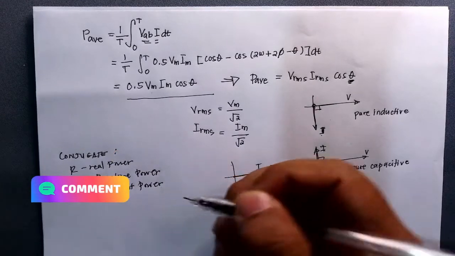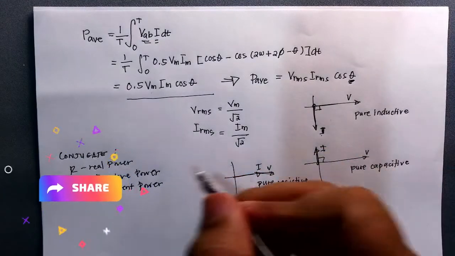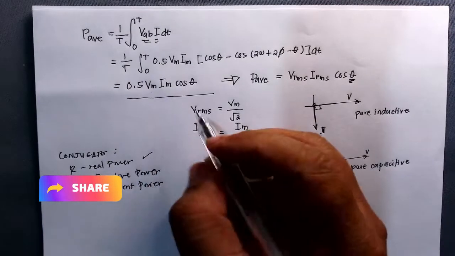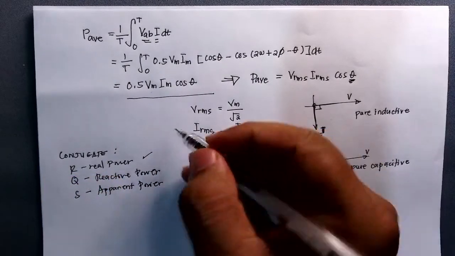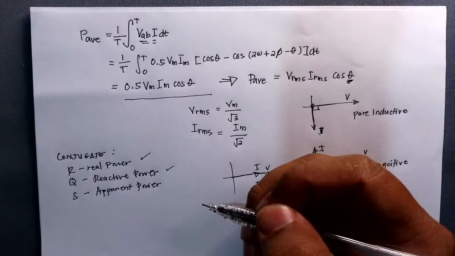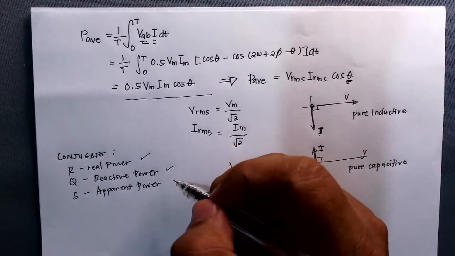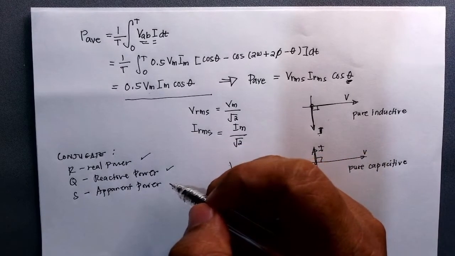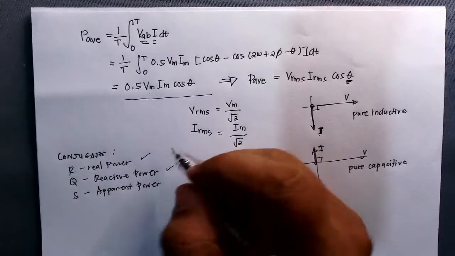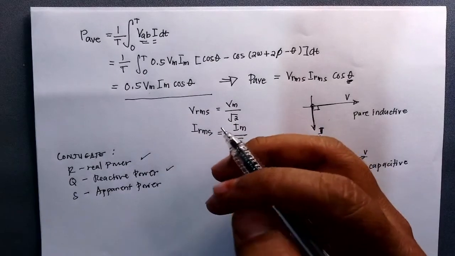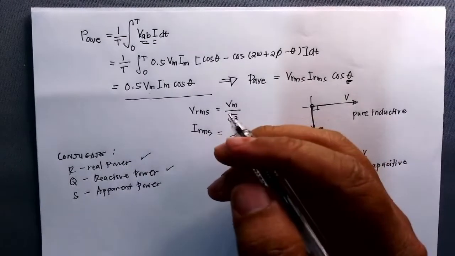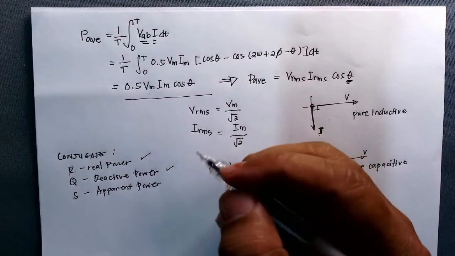Okay, so the real power is the power consumed by the resistor, and the reactive power is the power that happens because of the presence of an inductor or a capacitor.